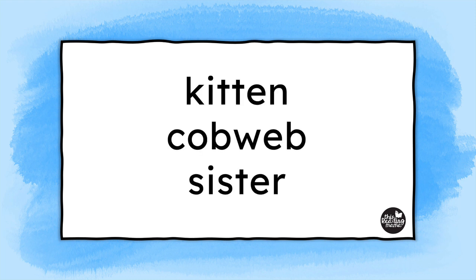But how do you teach kids to look for closed syllables in longer words like these? In my years of teaching struggling readers, I found it's best to start teaching closed syllables in longer words that have double consonants in the middle, and a closed syllable in both the first and the second syllable, like in the word kitten.